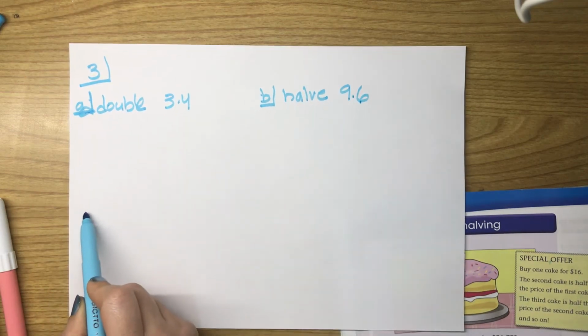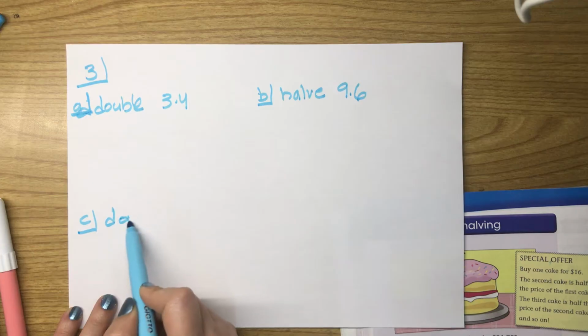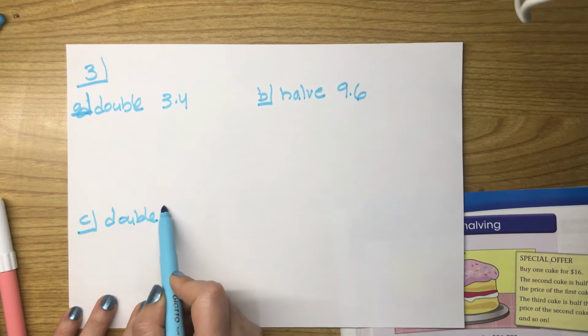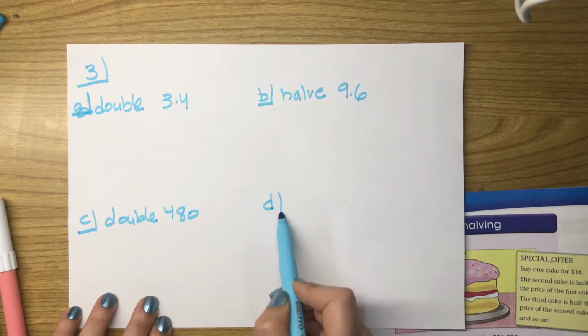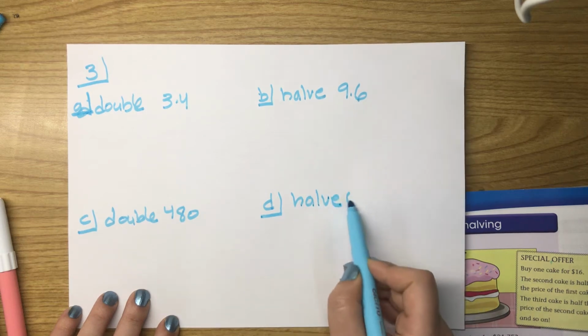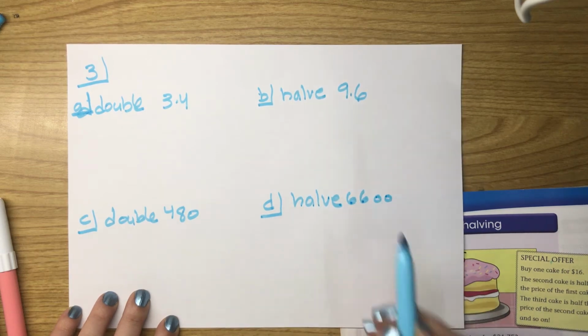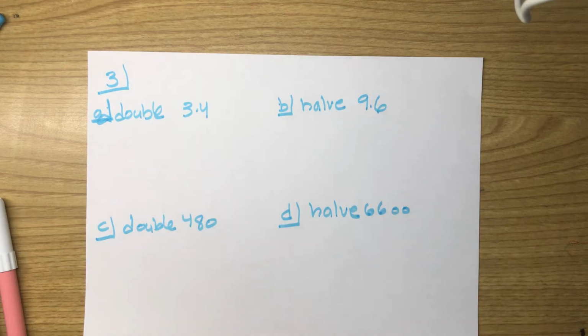Question number C, we are going to double 480. Question number D, we have 6,600.